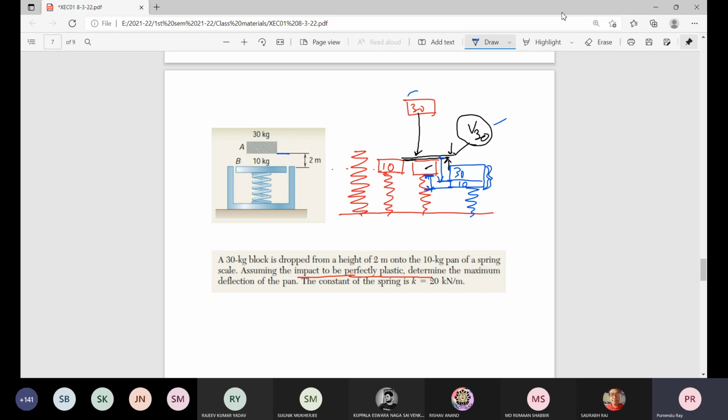So the first part, the plastic impact part, gives the final velocity, and then the spring obstruction brings it to 0 velocity, and at that 0 velocity we need to find the maximum deflection delta max in addition to this. So either simply this or include this, that is the total deformation of the spring.